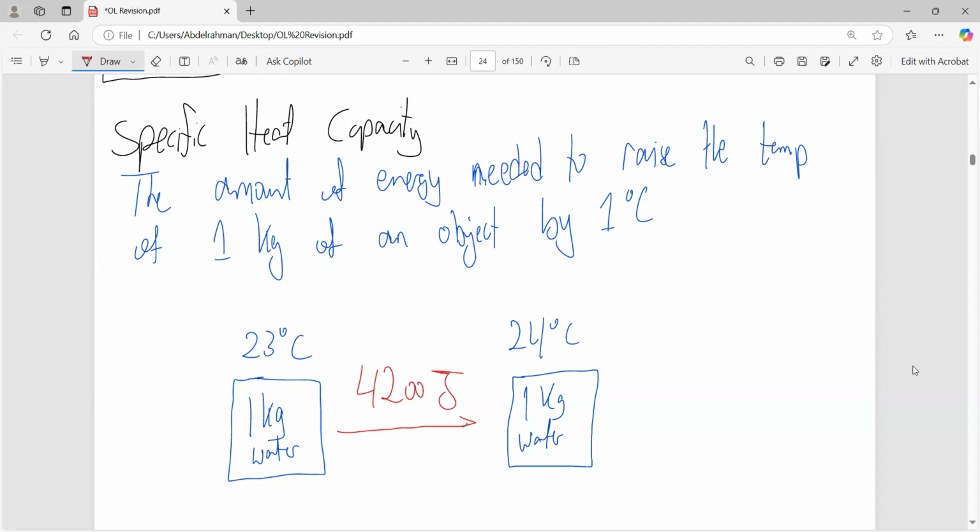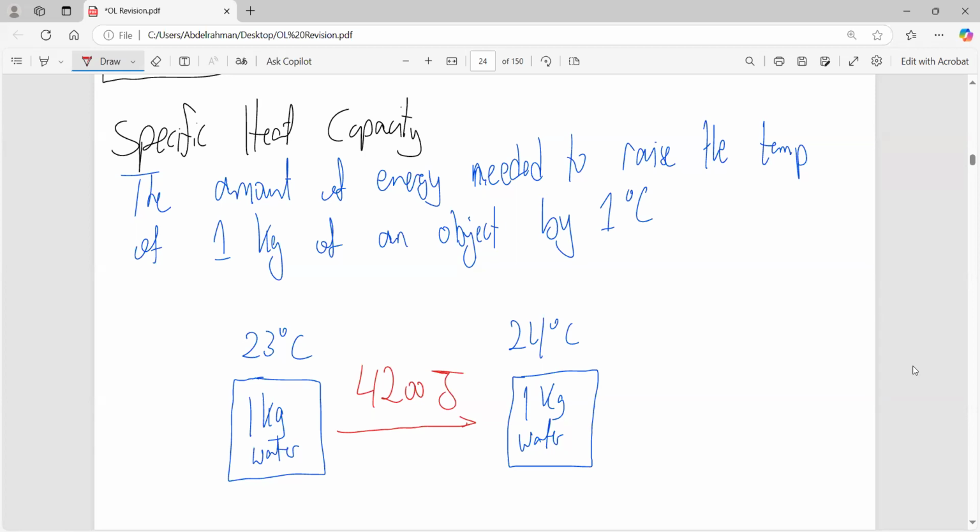That's a lot. For example, aluminum, if I can recall correctly, was only 800 or 900 joules, which is more than 4 times less than the amount of energy required by the water.